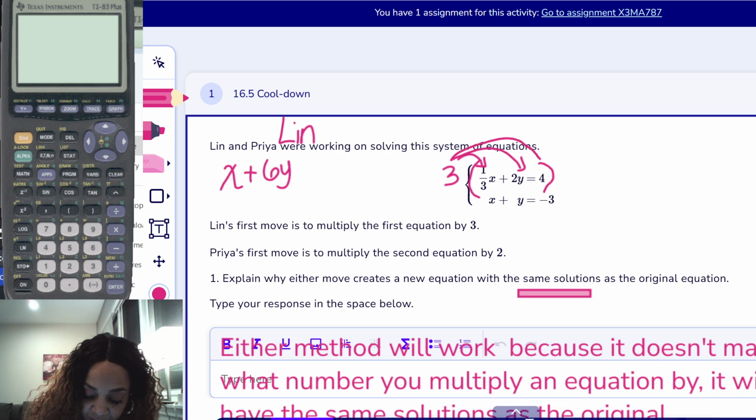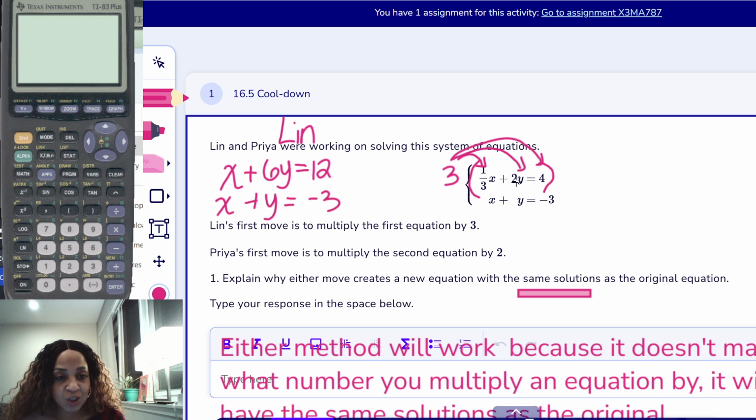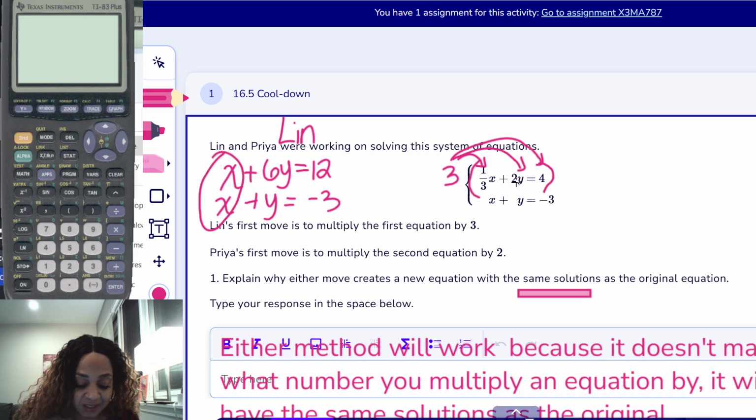And then 3 times 4 is going to equal 12. Okay? And then her second equation is going to stay the same. So it looks like with her method, she can cancel out the x's first, because if she subtracts the second equation from the top equation, she'll cancel x and solve for y first.